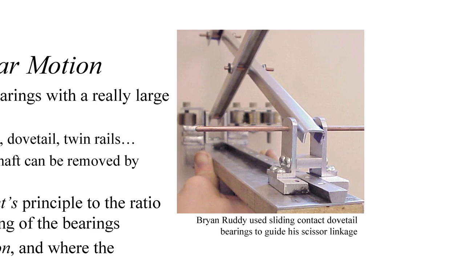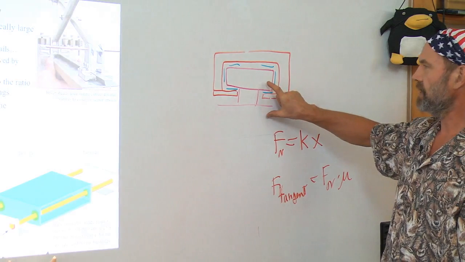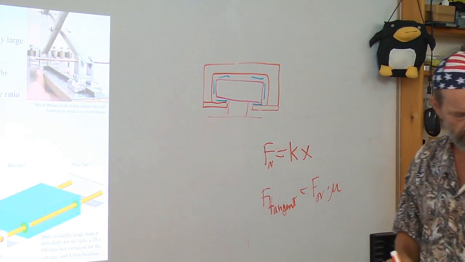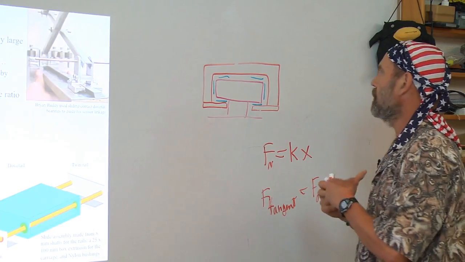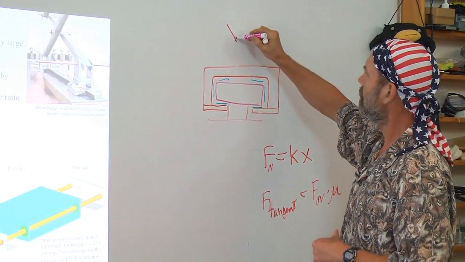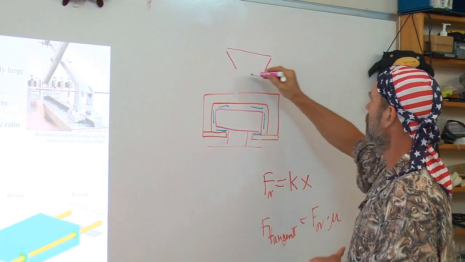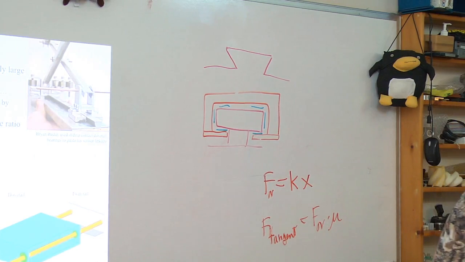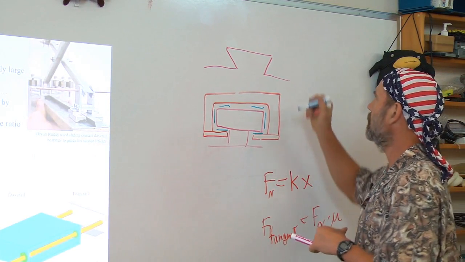This dovetail shape compared to this boxway shape, notice that for this carriage, I'm now going to have this type of bearing arrangement.